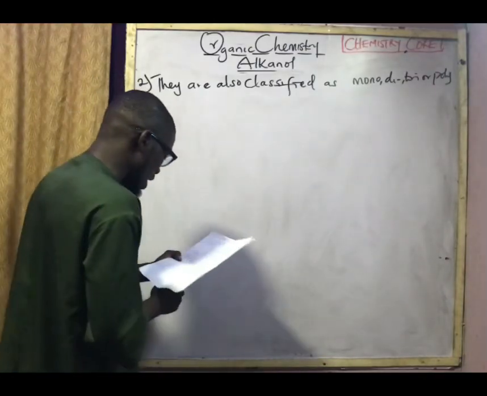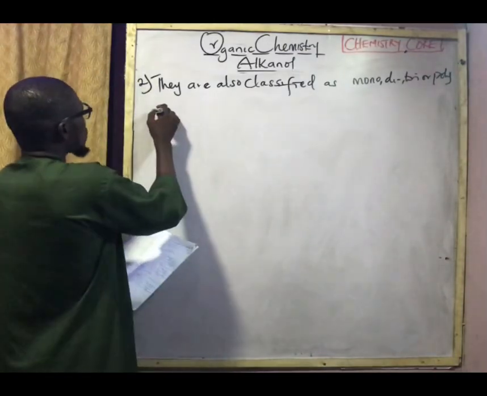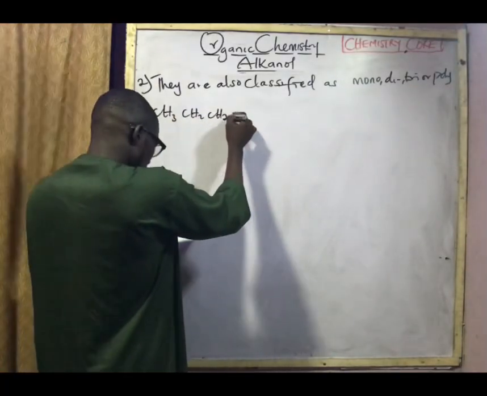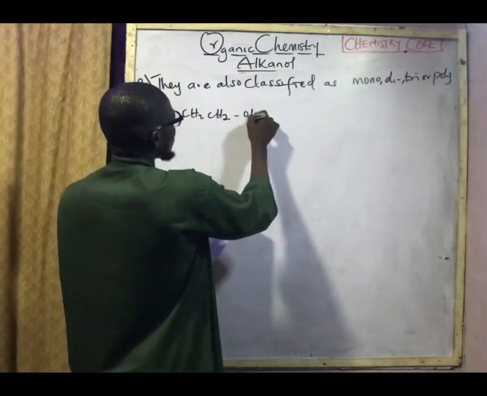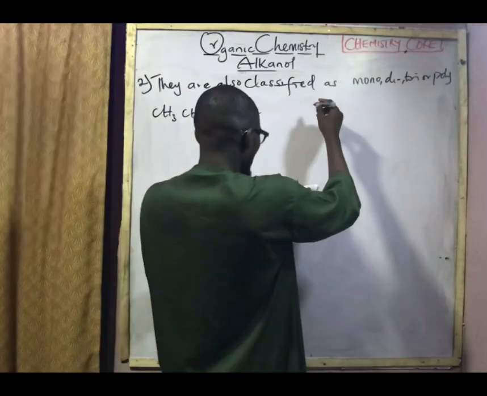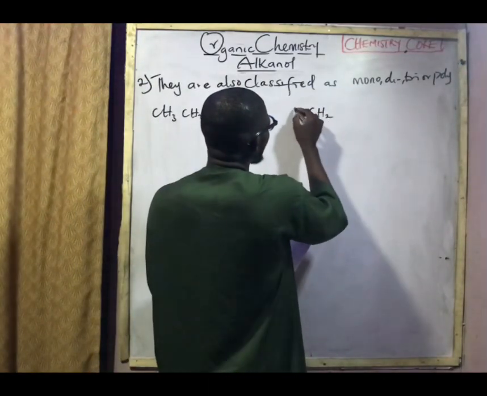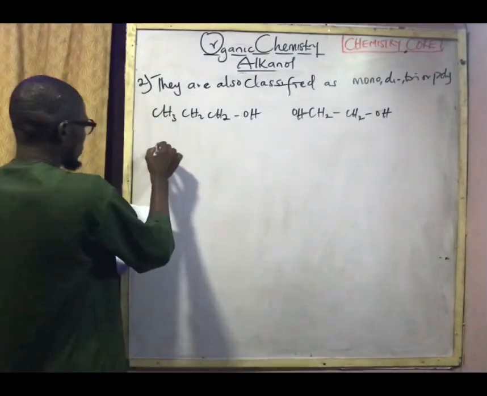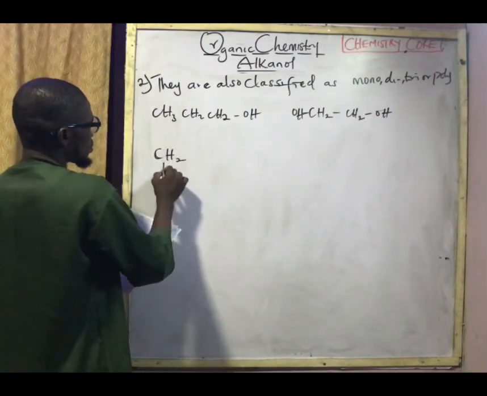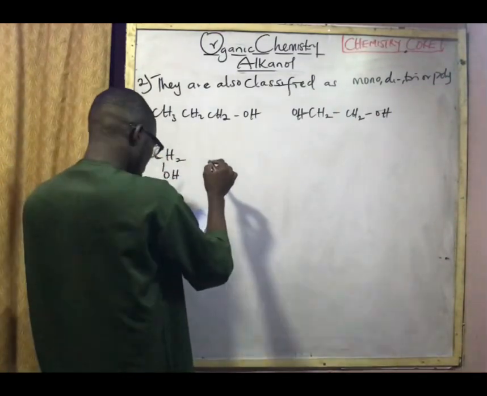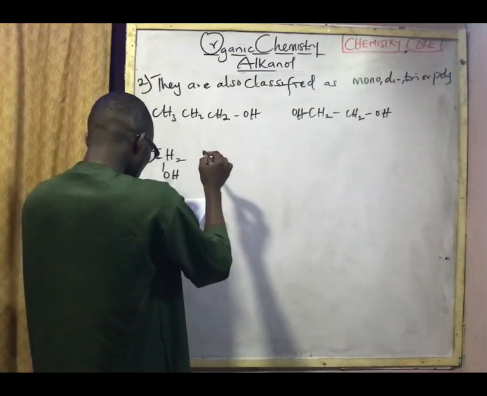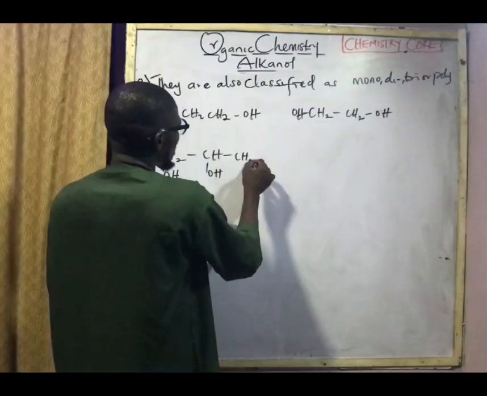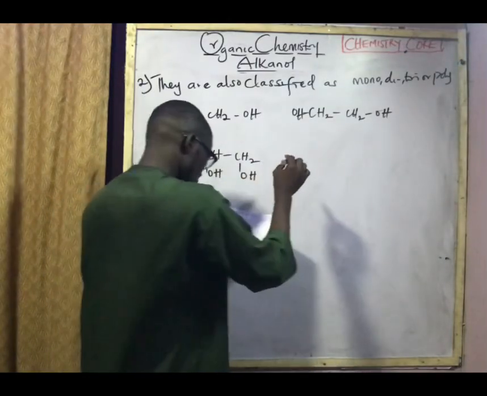The examples under that: the first one is CH3, CH2, CH2, OH. Then we have CH2, OH, CH2, OH. Then CH2, OH, CH, OH, CH2, OH.